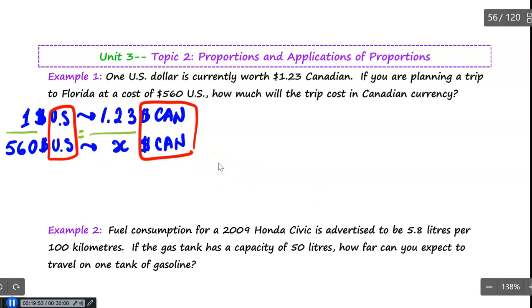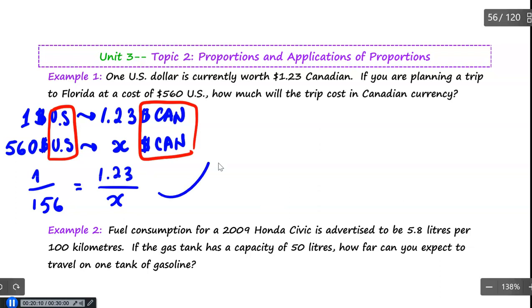Okay, so I'm going to erase this, and then I will write this as a fraction. I will have 1 over 560 equal to 1.23 divided by x. In this case, I can solve for x by cross multiplying.